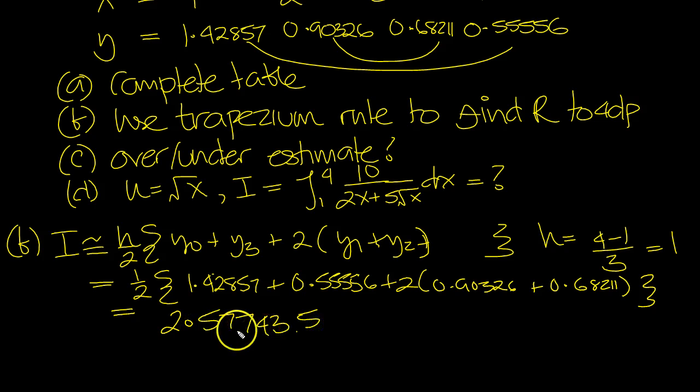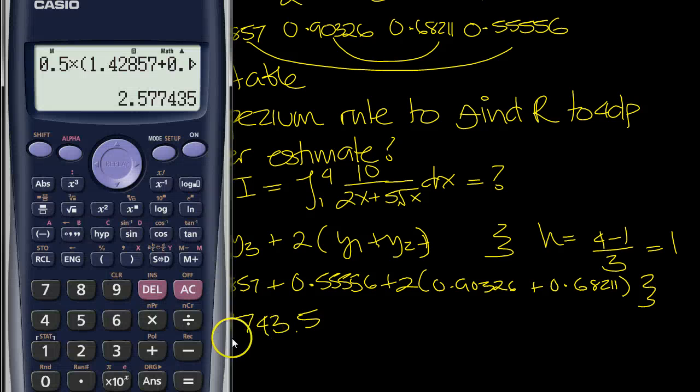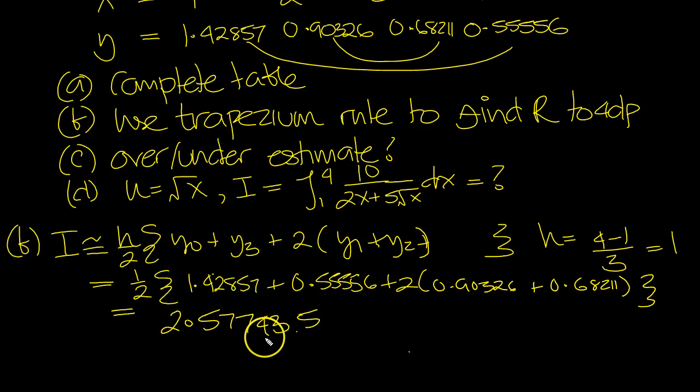But we needed 4dp. Yeah, 4dp is here, so it's just 4.